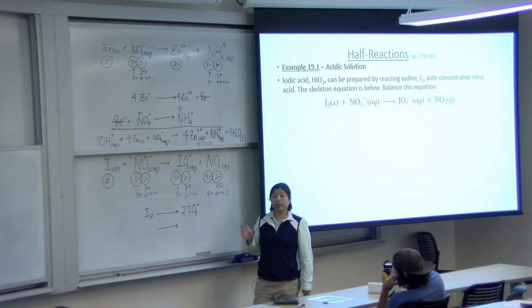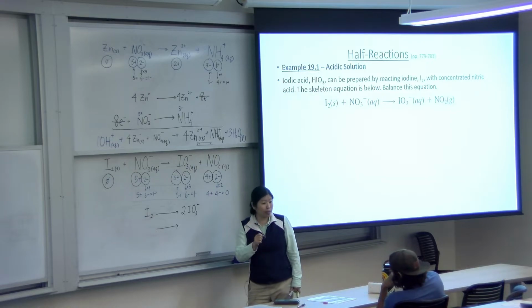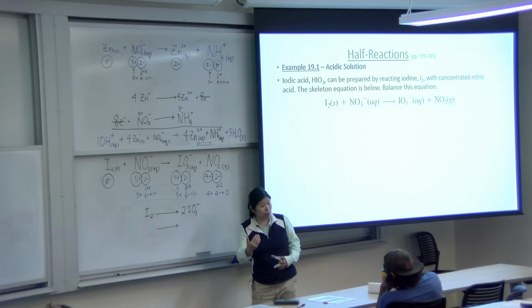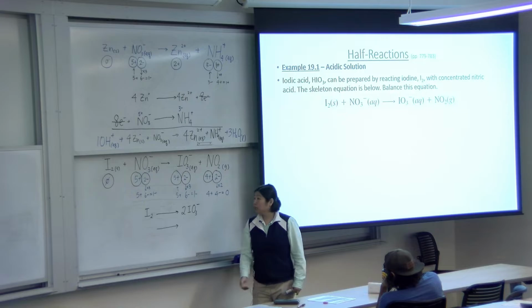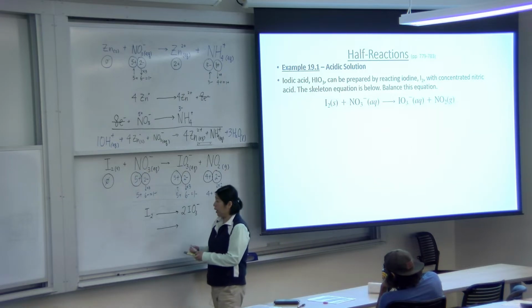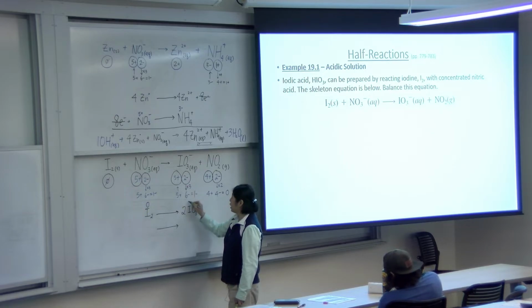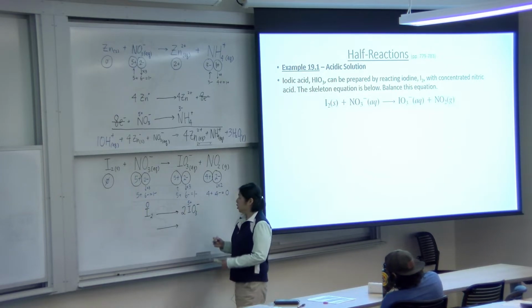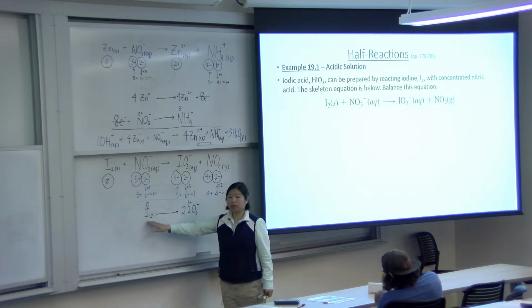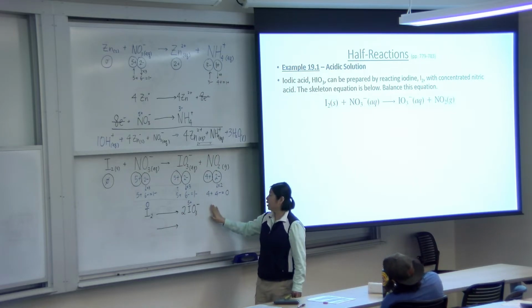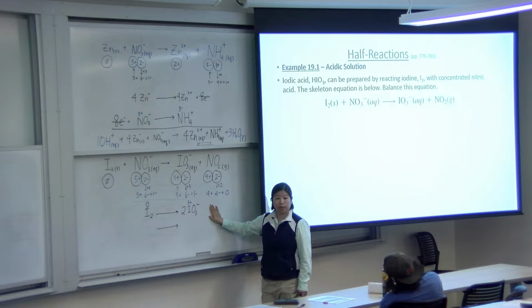Now, when you're trying to balance the electrons, I always think of one of them first and then multiply by however many you need. So a lot of times I will say, okay, I have 0 here. This iodine is 5 plus. If it was 1 iodine, you would have 5 electrons here. Do you agree?